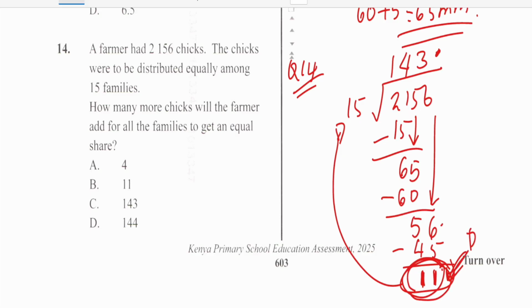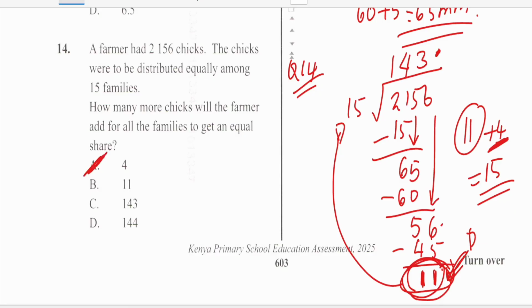So for it to be divided into 15, the 11 chicks remaining need to add 4 to get 15. It's a very tricky question in which you need to be very vigilant. So therefore your answer is 4 and not 11.